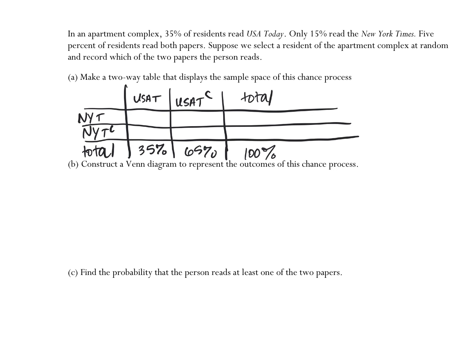And then 15% read New York Times, leaving 85% who don't. And 5% read both. And from here, can we fill in the rest of the two-way table?